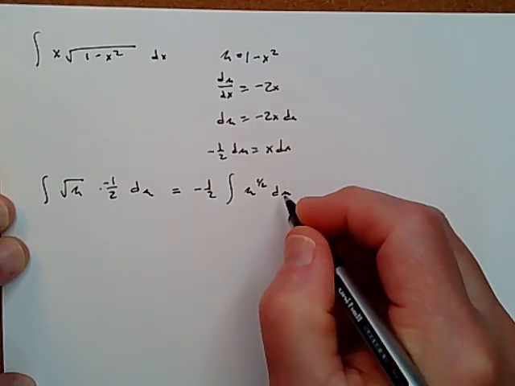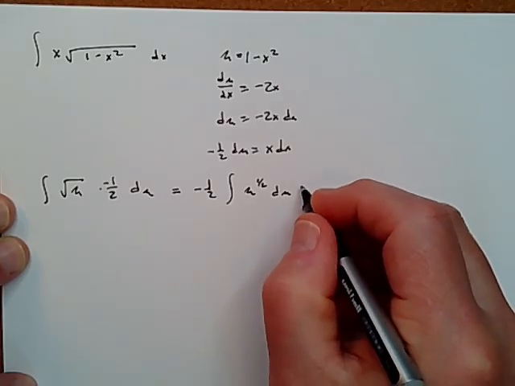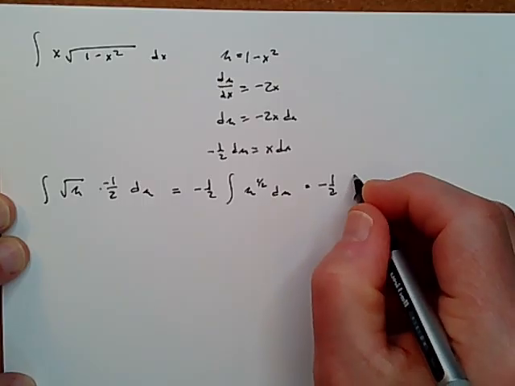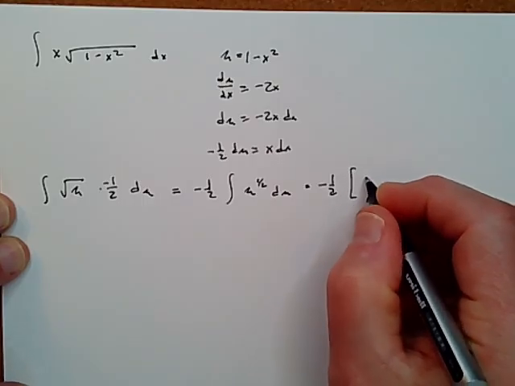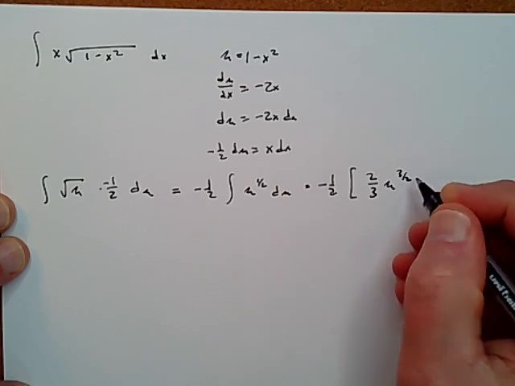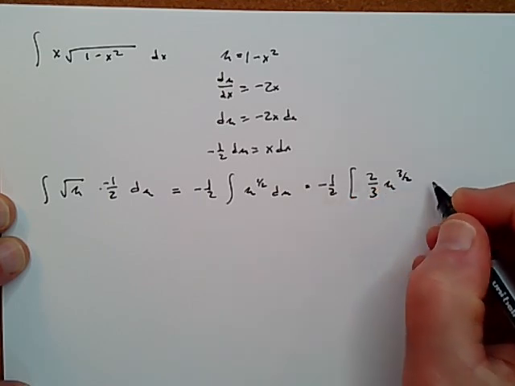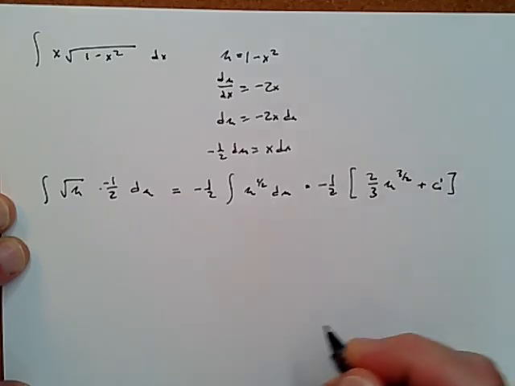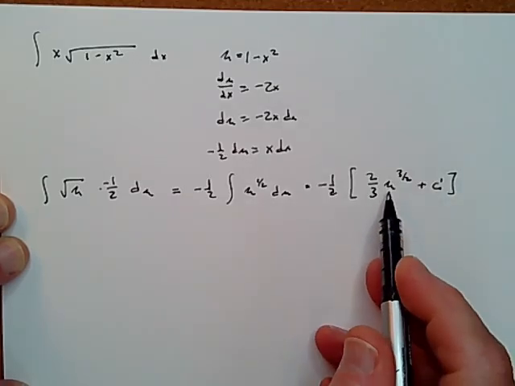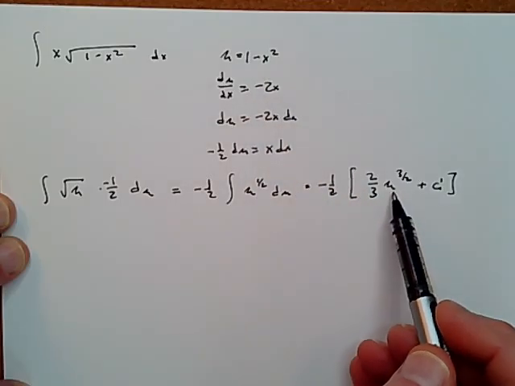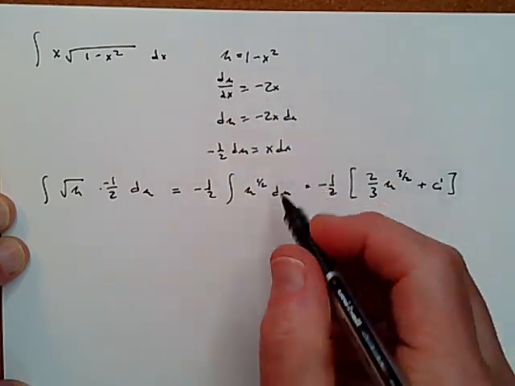We've done the antiderivative of u to the 1/2 many times. So minus 1/2, we get 2/3 u to the 3/2 plus capital C. I'm going to go back and replace the u with what u equals, because the question was originally asked in terms of x's, so it's polite to answer it in terms of x's.